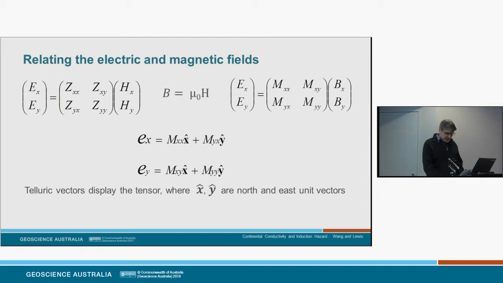The units of that are millivolts per kilometre per nanotesla. If you consider a normalised magnetic field, linearly polarised in either the X or the Y direction, north or east, this response tensor can be displayed using telluric vectors to show the induced electric field. They can be displayed on maps in a similar manner to the vertical transfer functions, the induction arrows we were looking at before.